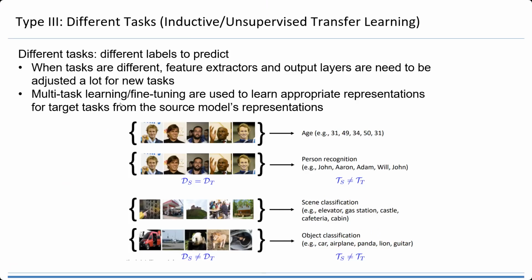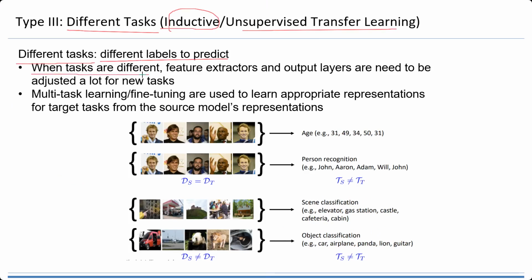The other kind of transfer learning, as we already learned in classification, is with different tasks. If they are different in the tasks, we can use inductive or unsupervised transfer learning. Different tasks means we have different labels to predict.